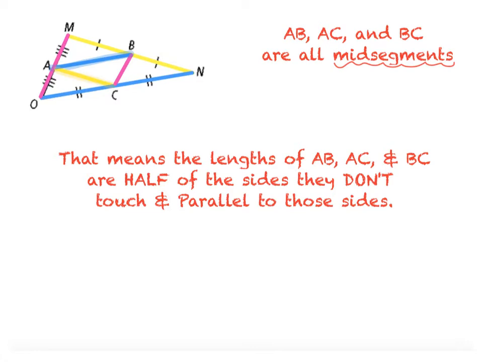And then segment BC, and that is highlighted here in pink. All of these segments are called midsegments. That means that the length of all of these segments are half of the sides they don't touch and parallel to those sides. So let's look a little bit closer at this triangle.